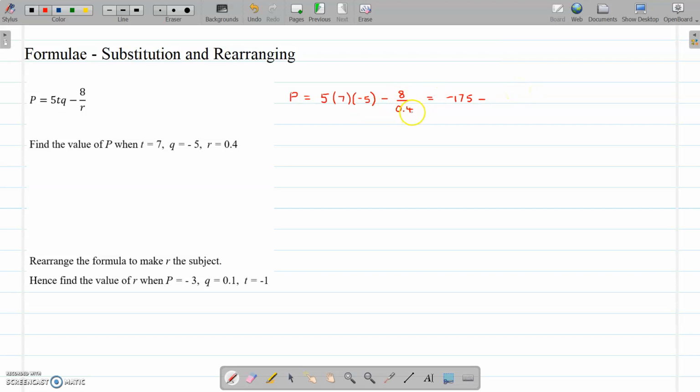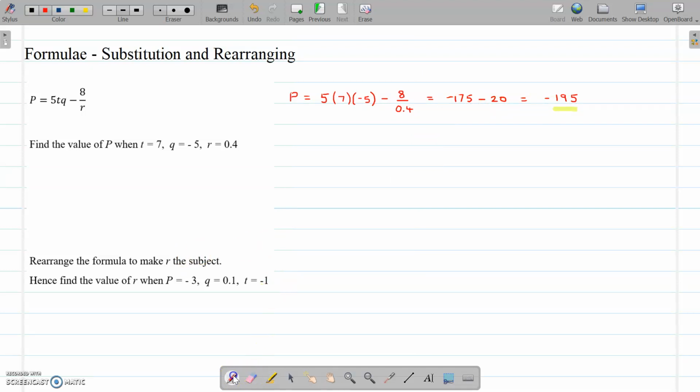Well, 8 over 0.4 is 80 over 4, and 80 over 4 is 20. So it's negative 175, minus 20, which is equal to negative 195. Okay, so that's the answer to the question with all the necessary working shown beforehand.